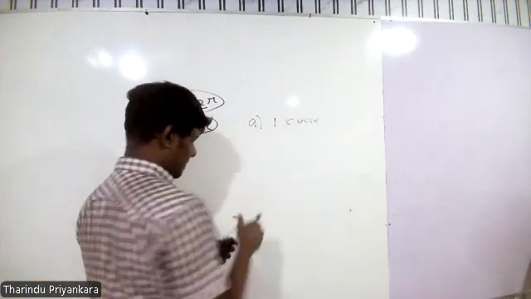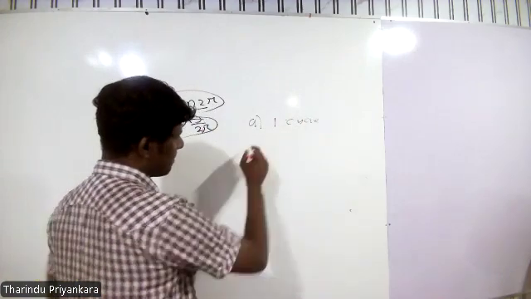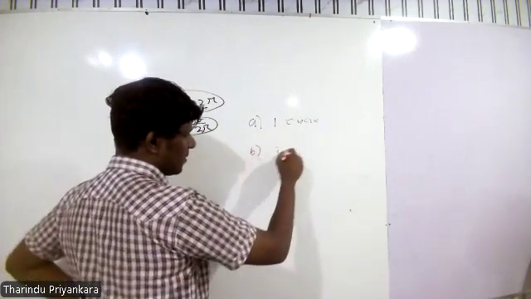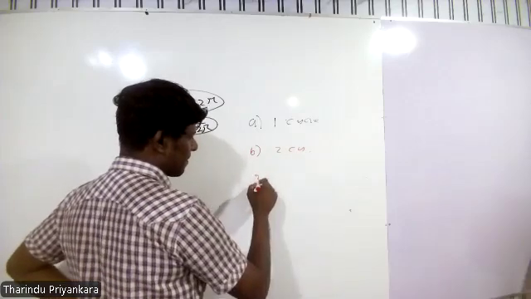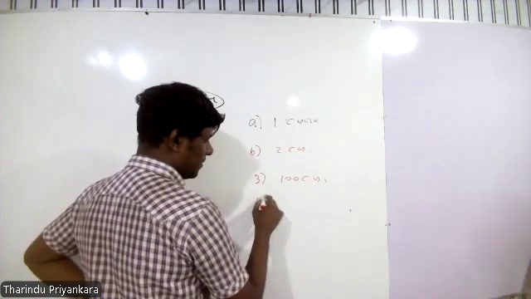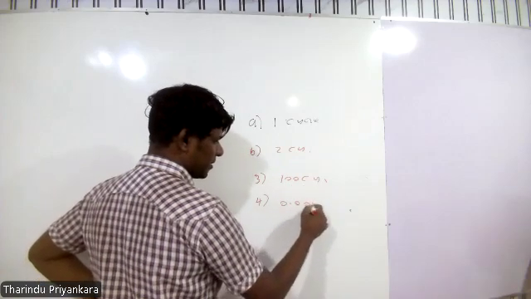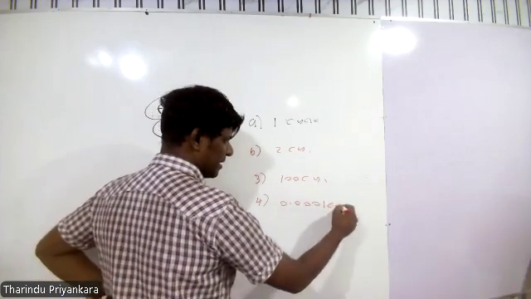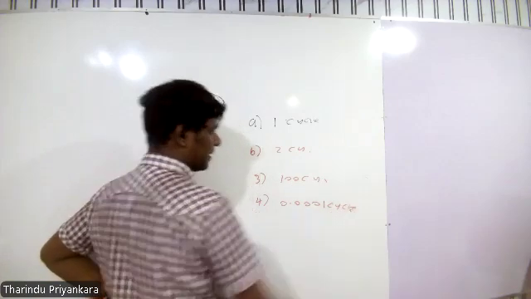One cycle. Two cycle. 100 cycle. For 0.0001 cycle. Right.